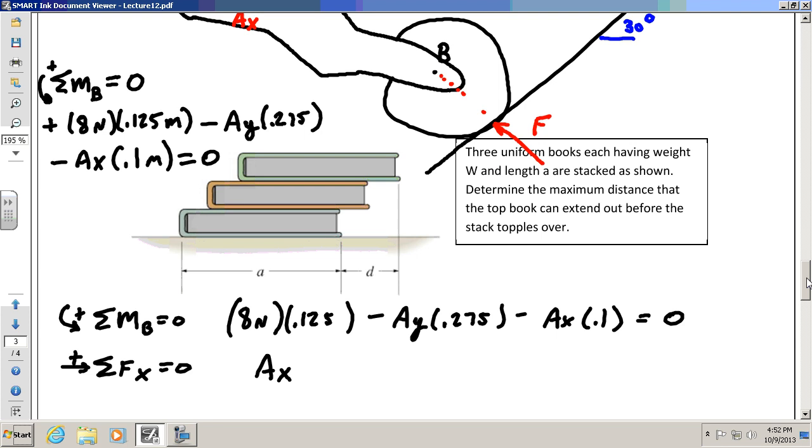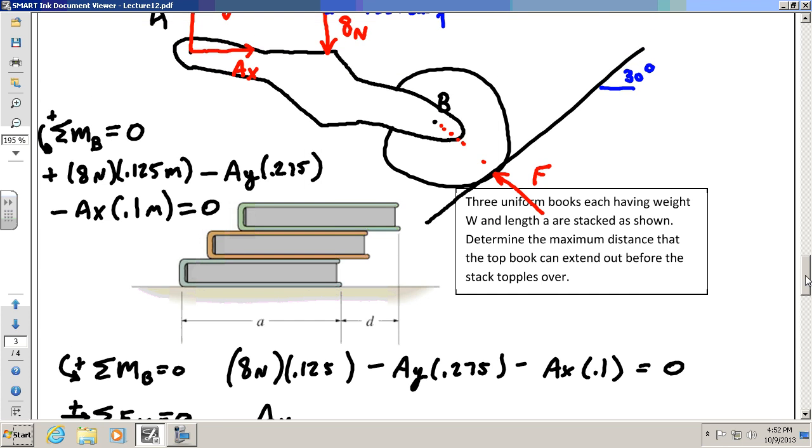Now, some of you may have trouble visualizing this, but if you look at this picture here with F, if it has a 30-degree angle, you can draw a triangle like this. If this is 30 degrees here, this must be 60 degrees there.